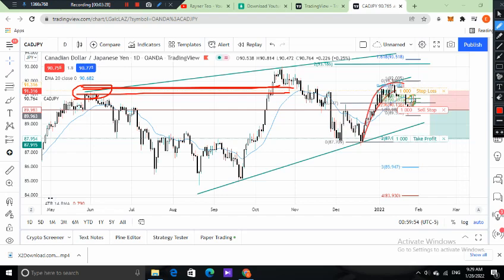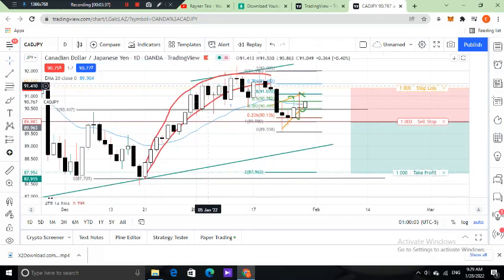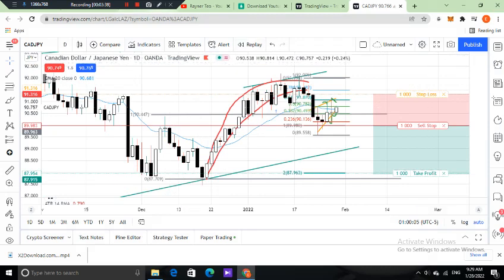But here we don't see something like that. It hasn't happened yet. So we have this bull trend here, and it's a curvy shape.